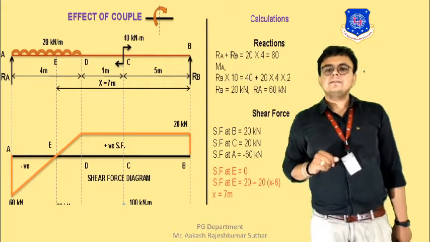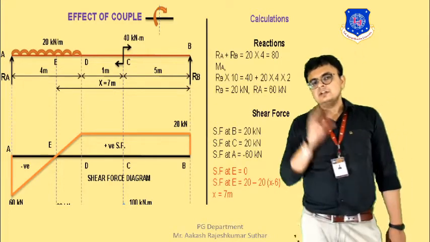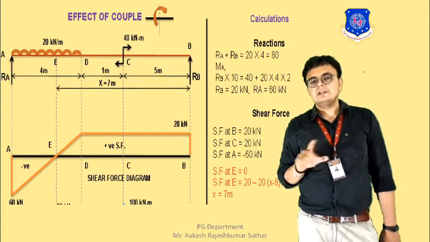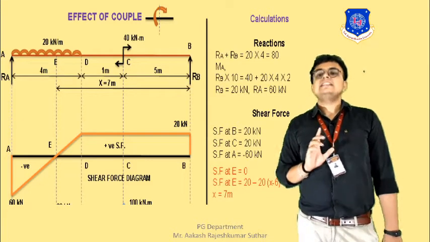The reactions will be the first step. So ultimately we need to find the reactions. RA plus RB will be equal to 20 into 4, that is equal to 80.